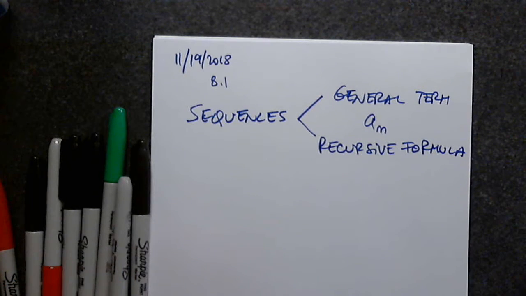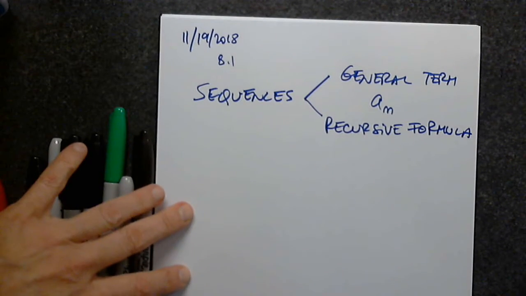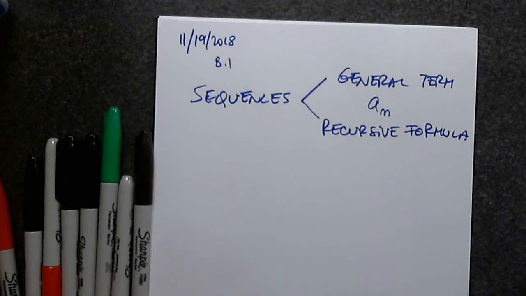What is a recursive formula? It is something like, I cannot determine term 10 if I don't find the previous term. I cannot determine term number 9 if I don't find the previous one. So that's a recursive formula.